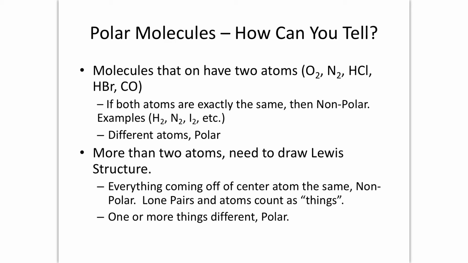Okay, so there are a couple of rules that we're going to use to determine whether or not a molecule is polar. First rule: if you're looking at a binary molecule, which means it has only two atoms making it up, such as O2, N2, HCl, HBr, CO, if both atoms are exactly the same, then you have, by definition, a nonpolar molecule, because nobody wins the war in electron shift pull.